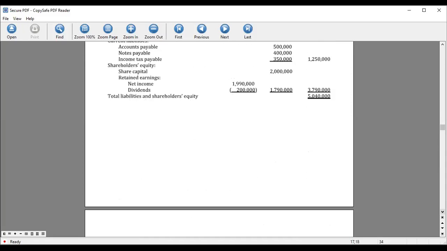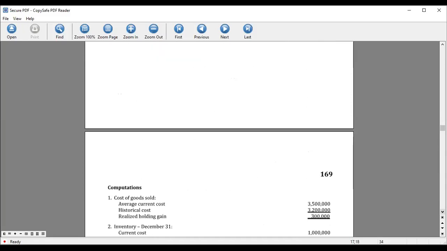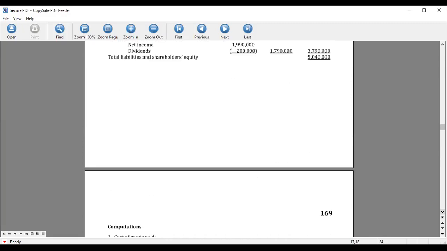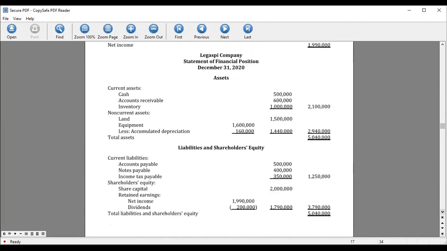Then we have the liabilities and the stockholders' equity for the current assets. We have cash of 500,000. Then we have accounts receivable of 600,000. Inventory at the current cost of 1 million.